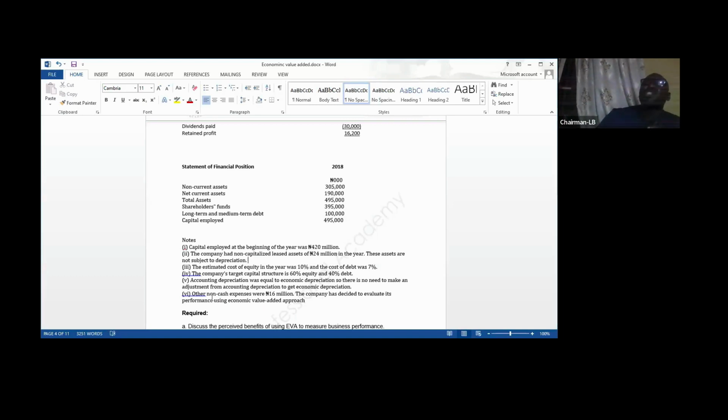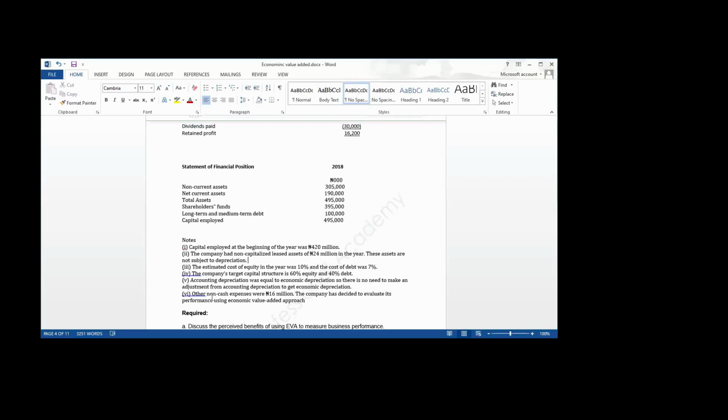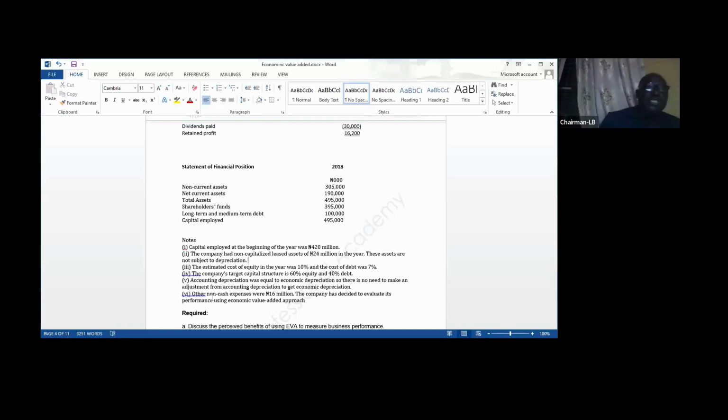If you are using your personal property for business, even though you put rent in your book, that asset is part of the capital you have employed. Even though you are not paying anybody any cash, that asset is part of the capital the business has employed. We are going to add back 24 million and we are going to add back 16 million non-cash.